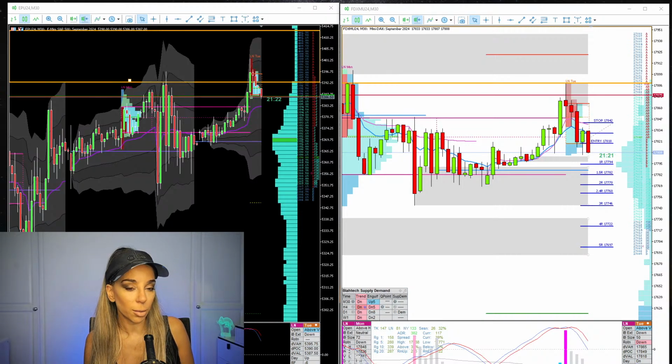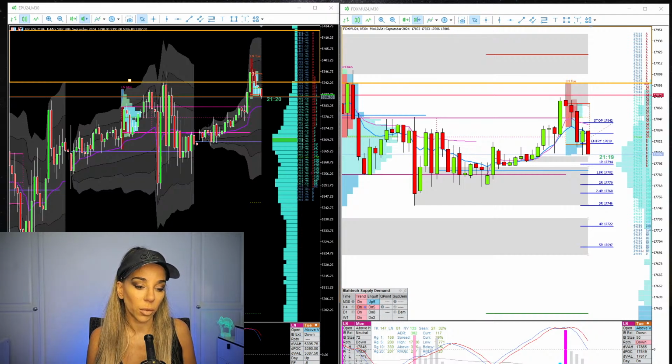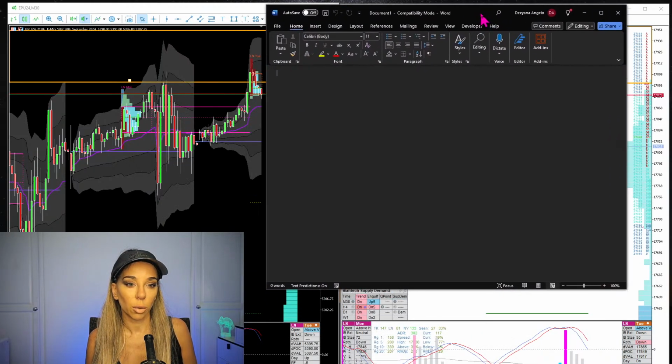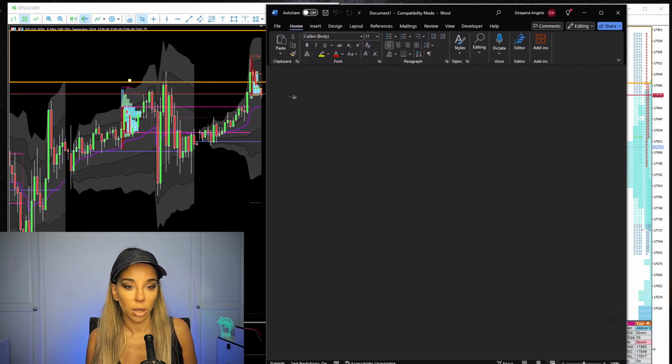So the first thing that I do is to break down my trade setups into, let's say, 4 different categories. And I am going to bring out a little Word document. So, what sort of a setup is it?